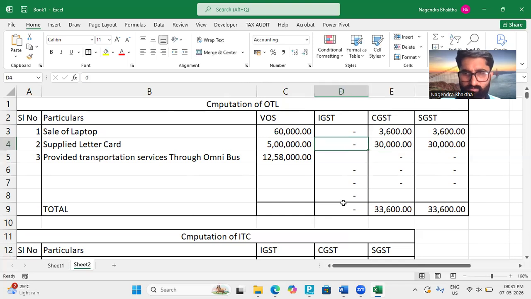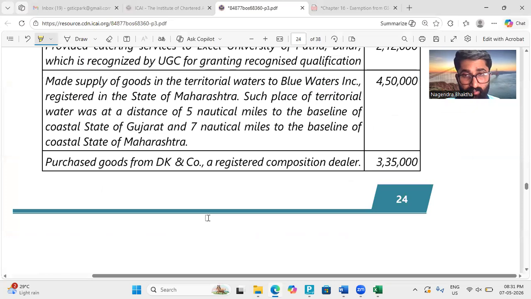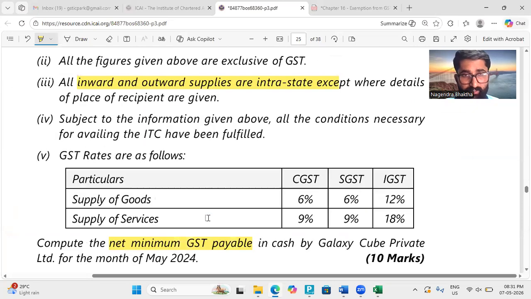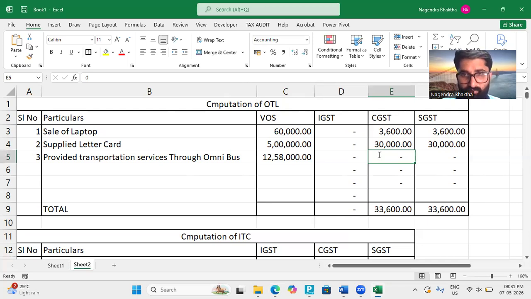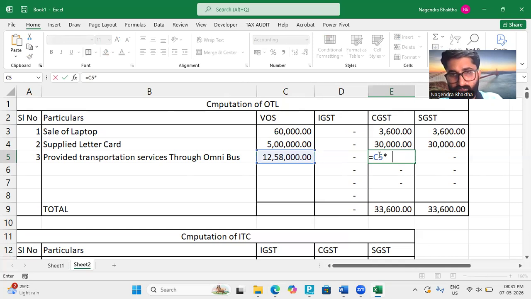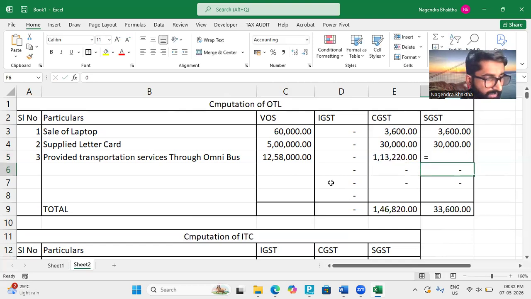So here, as it is CGST, SGST, and it is service, what is the value? 9%, 9%. 12,58,000, CGST 9% is equal to this into 9%, 1,13,220. So CGST 1,13,220 and SGST also 1,13,220. Done.